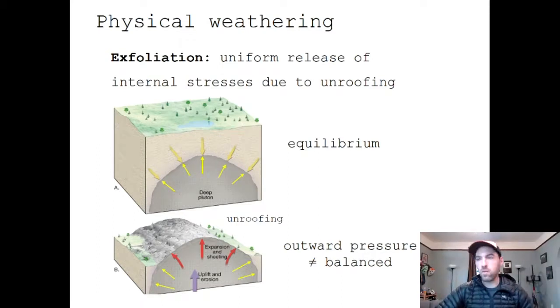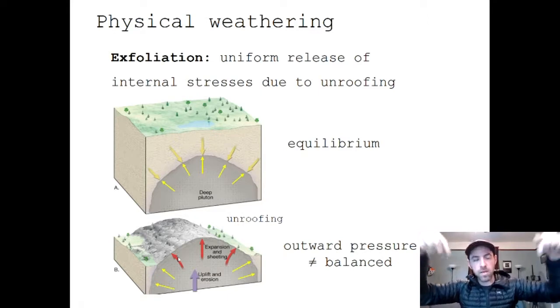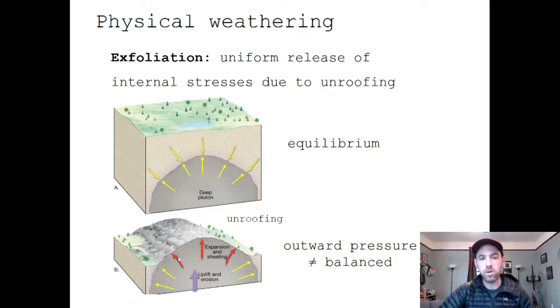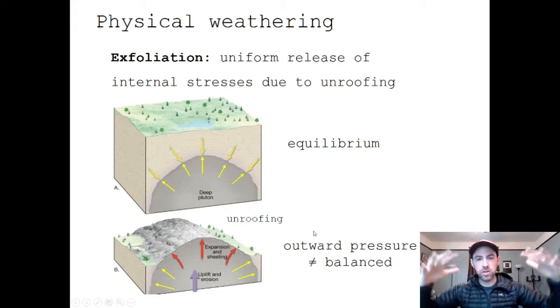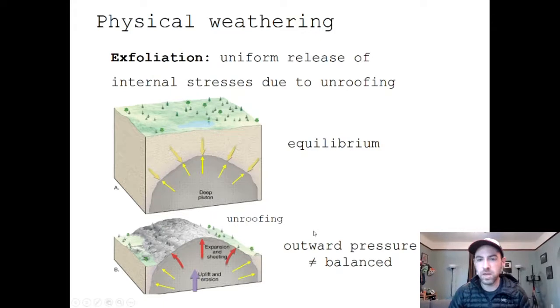When you unroof that, when you remove the surrounding rock, say by erosional processes, the stresses are no longer in balance, right? There are outward stresses that are no longer being balanced by the burial stresses. And so you get expansion at the surface, and you get sheets of rock that peel off.